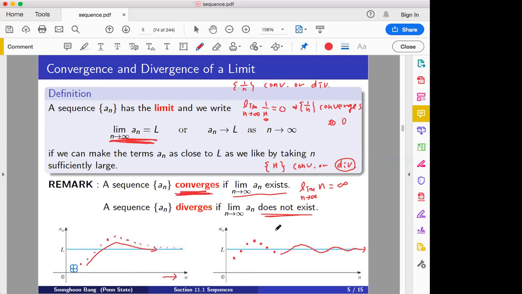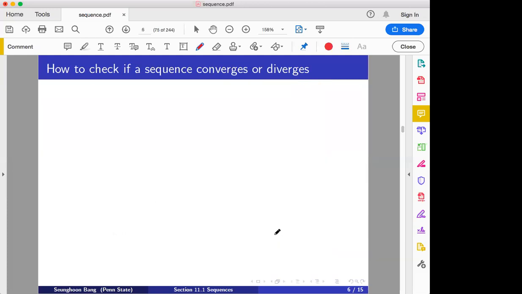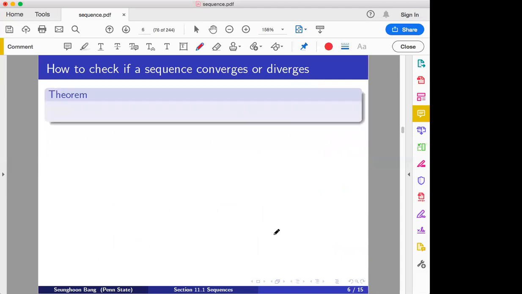So the next one: we think about how to check if a sequence converges or diverges.